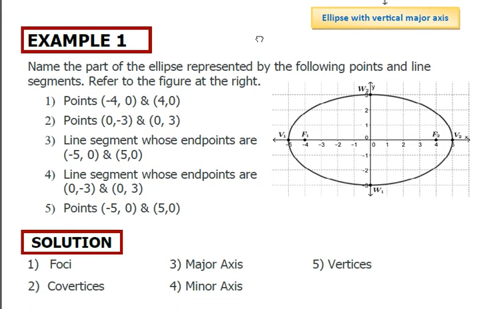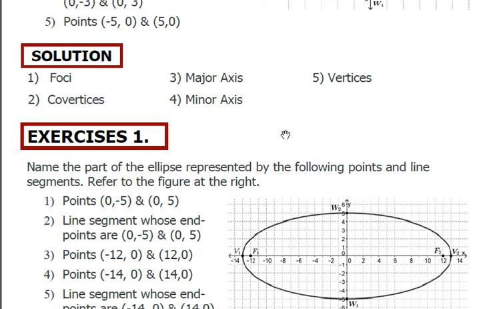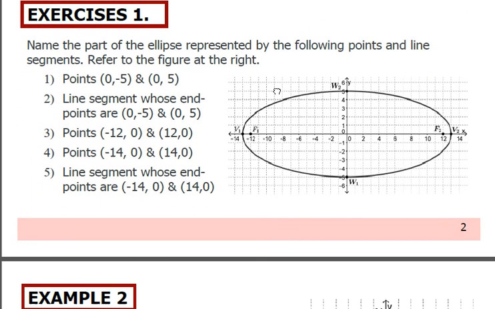For example 1, I don't have to discuss this, it's very easy. Now let's have exercise 1. We are given the ellipse and we are instructed to name the part of the ellipse represented by the following coordinates, referring to this figure: (0, -5) and (0, 5).